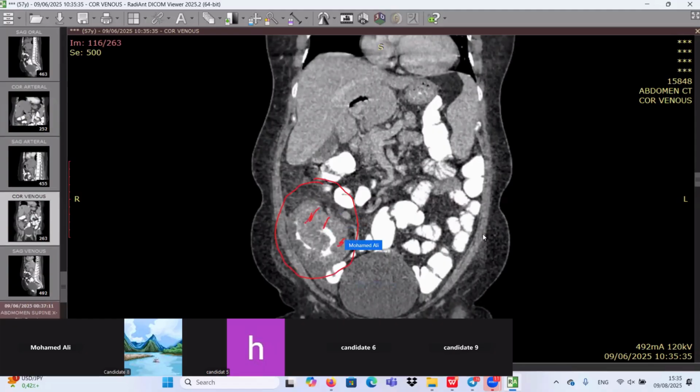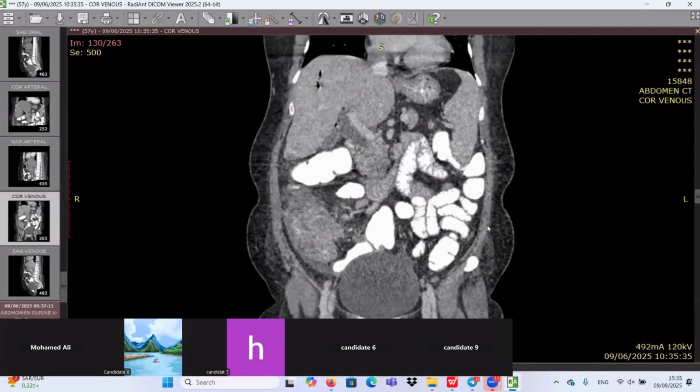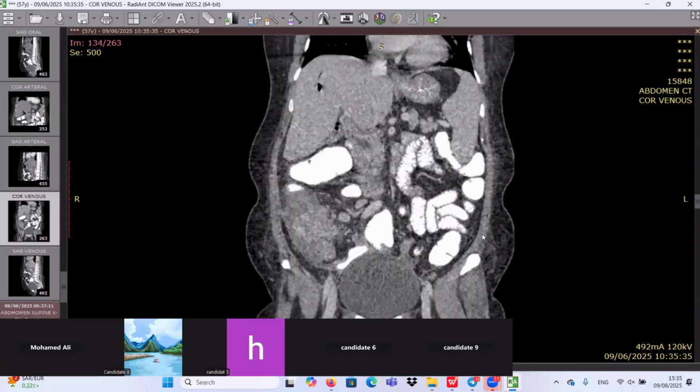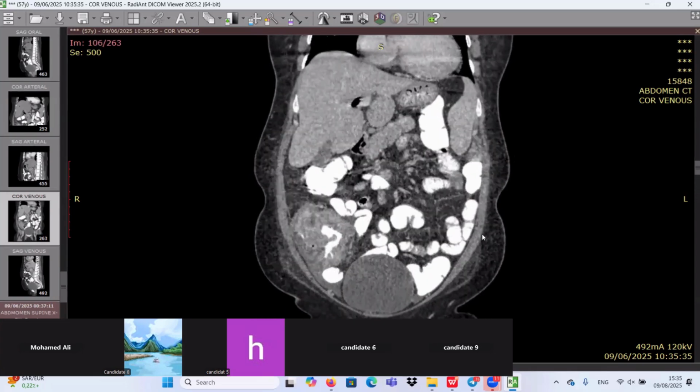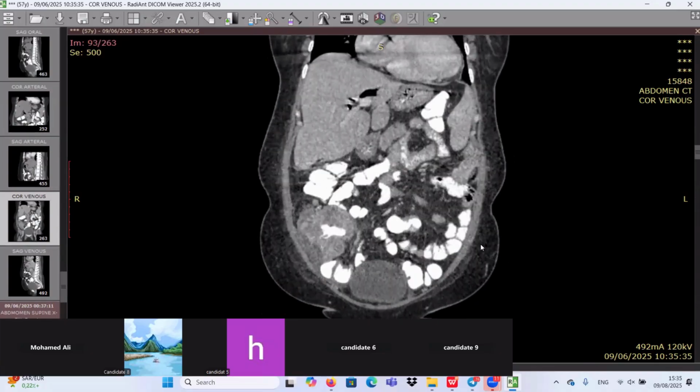And this is marked thickening of the cecum amounting to a soft tissue mass lesion, and this mass lesion is infiltrating the pericolic fat planes. I think it's going more towards a neoplastic etiology because of loss of the normal stratification of the bowel.